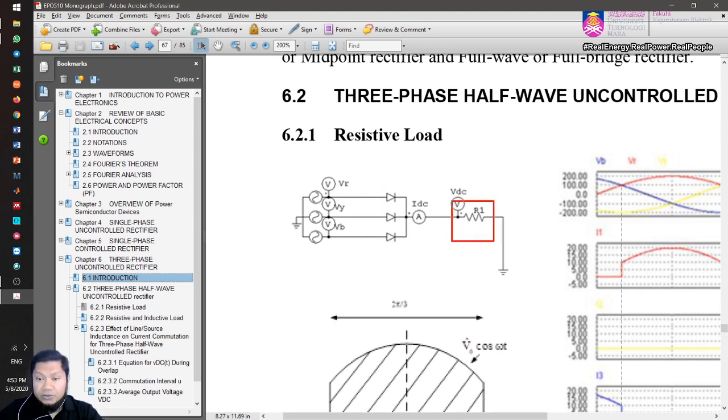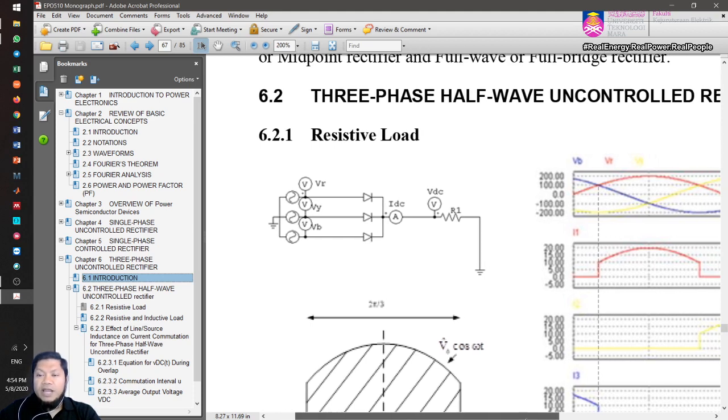So we have the load here, and then it's connected to the ground, and this is actually the same ground as this particular ground. So you can connect it together, and you can have the ground there. Okay, so we have diode red, diode yellow, and diode blue here.